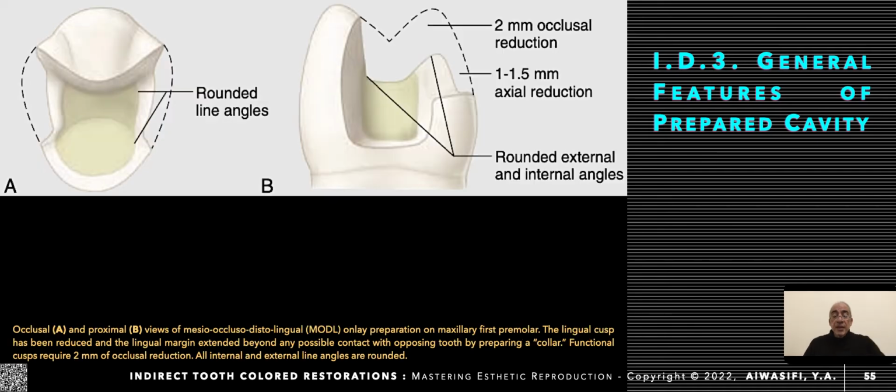Then comes this view showing the axial reduction with rounded line angles. If you need to protect a weak cusp or to reduce a weak cusp, you need a space of at least 2 millimeters of occlusal reduction, and the axial reduction is 1 to 1.5 with completely rounded axial line angles and axiopulpal line angle.